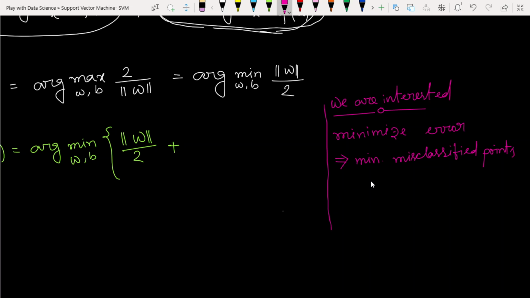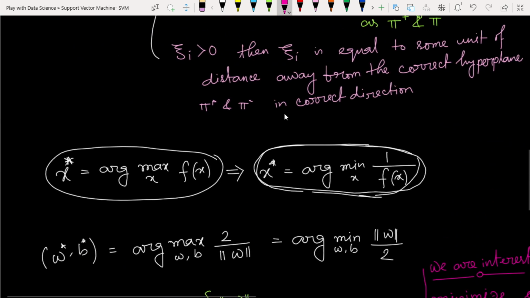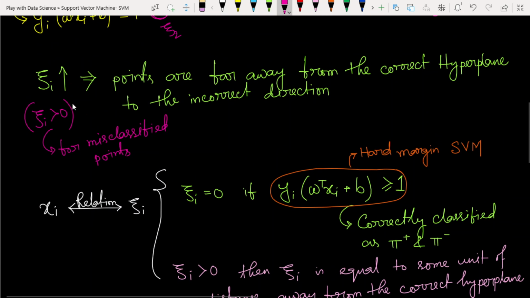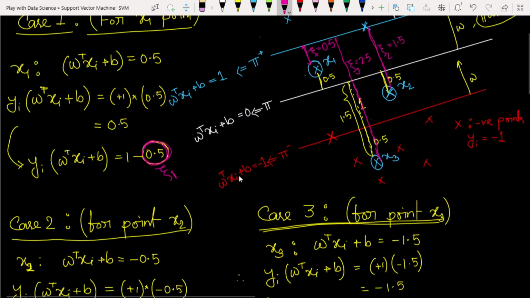If we minimize the misclassified points, then we are interested to minimize this value. If this value tends to 0, then all our data points are appropriately classified.